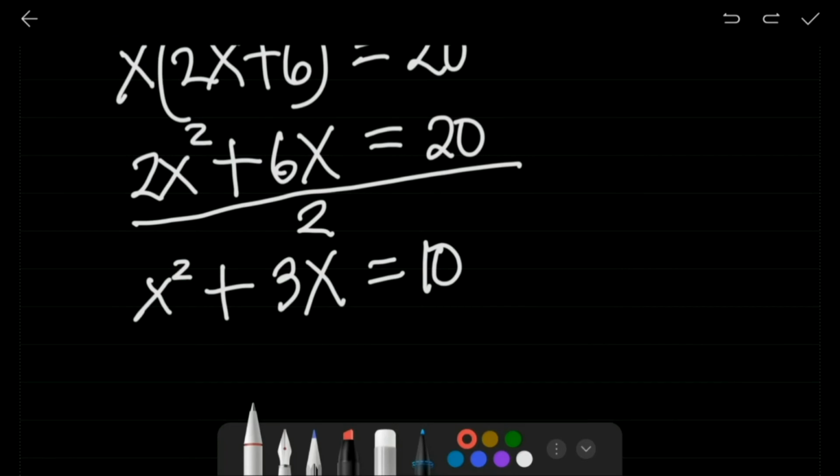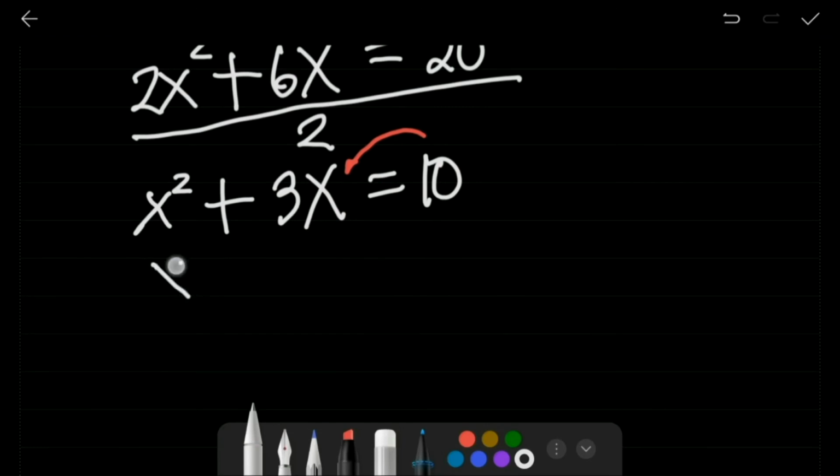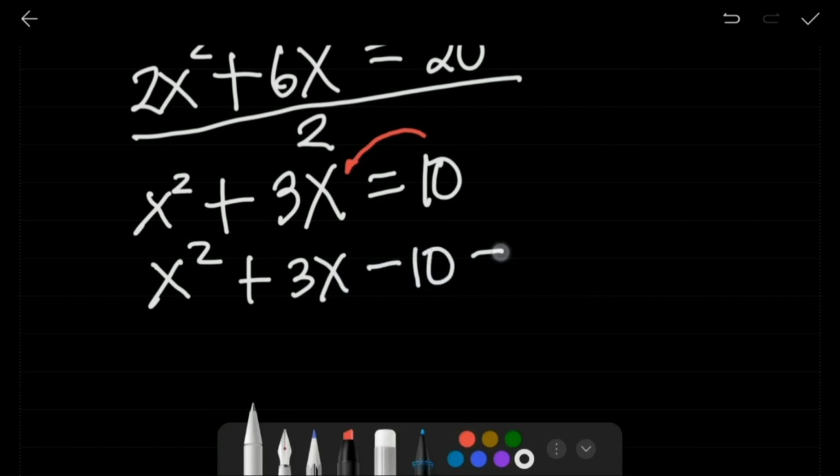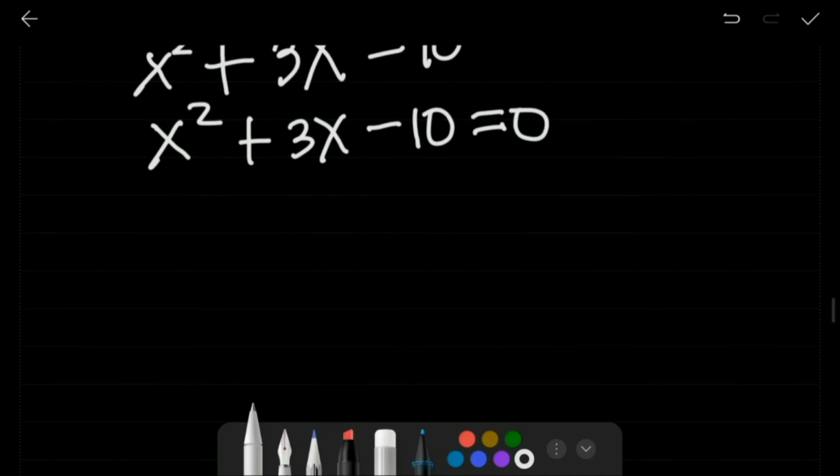And we will transpose 10 to the left. So x squared plus 3x minus 10 equals 0. Then we will now use the quadratic formula.